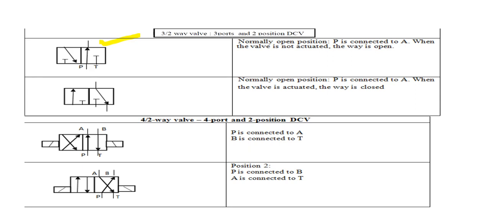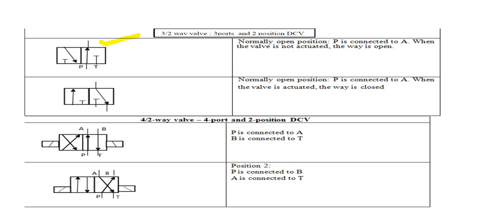So this is normally open position connected to A, when the valve is actuated, the way is closed. That means this is normally open type of valve, and whenever that valve is actuated, the valve gets closed.